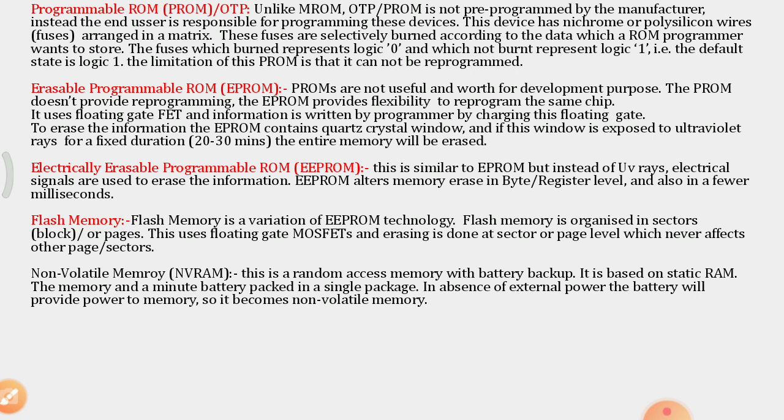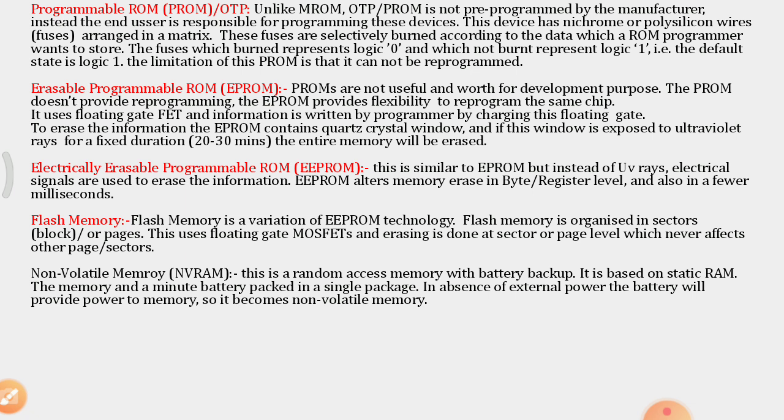It is based on static RAM. The memory and a minute battery are packed in a single package. So in the absence of external power, the battery will provide power to the memory. So it becomes a non-volatile memory. So this is about read-only memory types and technologies.